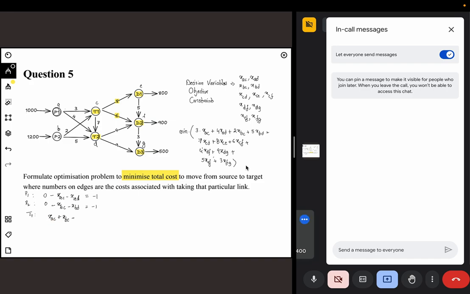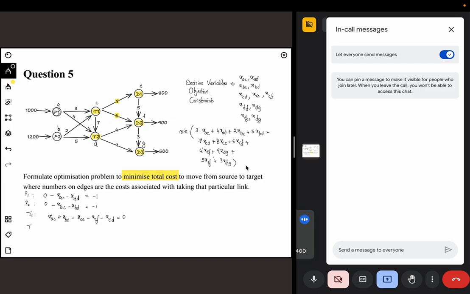Now outgoing nodes minus CE minus CF minus D should be equal to, no, there is no source or sink for T1. T1 is an intermediate node. So whatever incoming should be, whatever that comes here should go out. So if you come to T1, then you should definitely take one of these and go out. So this should be 0. Incoming should be equal to outgoing. Yeah, inflow equal to outflow, so that will be 0.